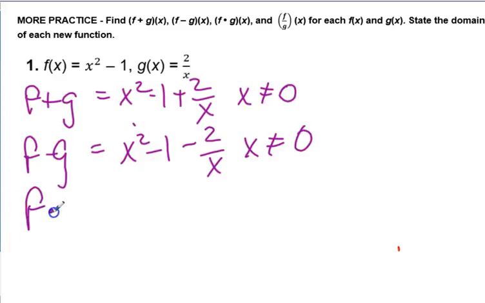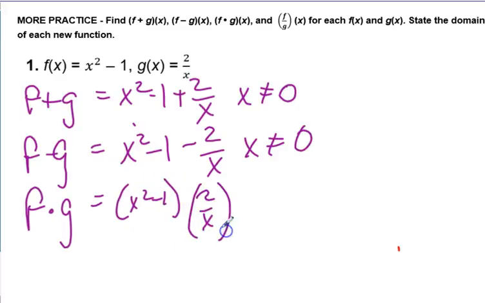This is where it gets a little tricky. We're going to multiply them together. X squared minus 1 times 2 over x. You could write this a whole bunch of different ways, and it would be right, okay? If I multiply them together into a single fraction and I distribute the 2, I would have 2x squared minus 2 all over x.